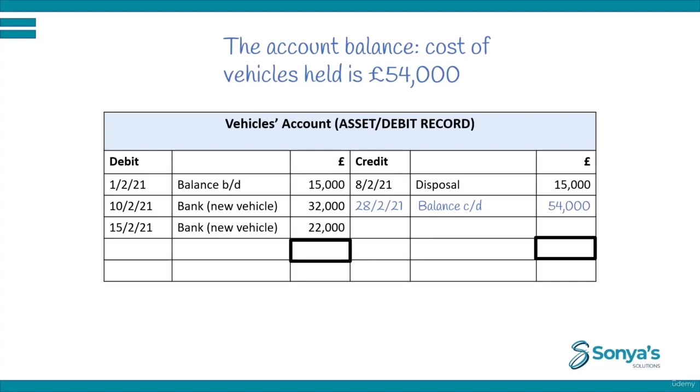Then, as a double check, we total each column. Each column total should be the same. If it's not, then an error has been made. This is why it's called balancing an account. We are creating balance in the account.